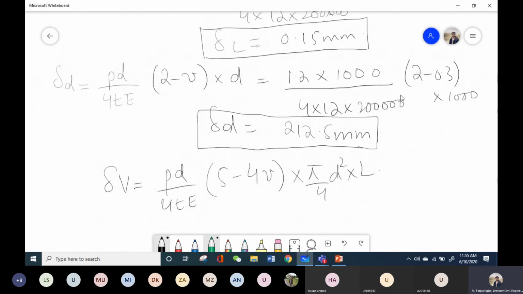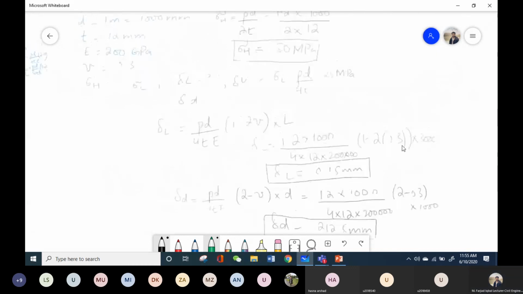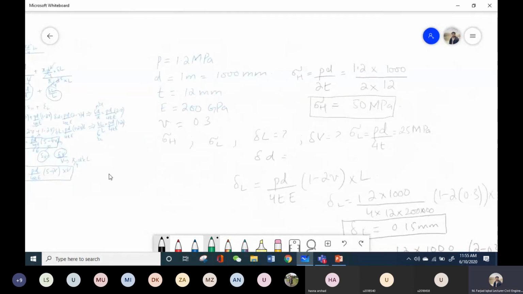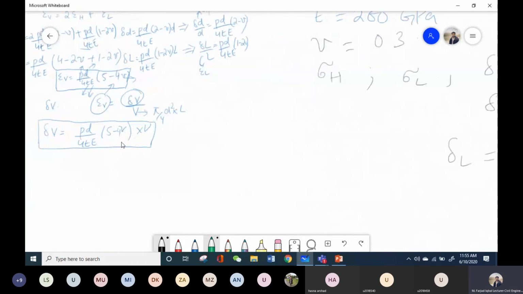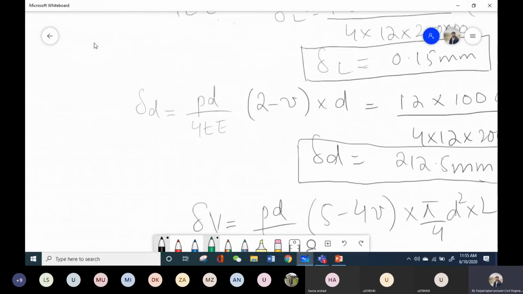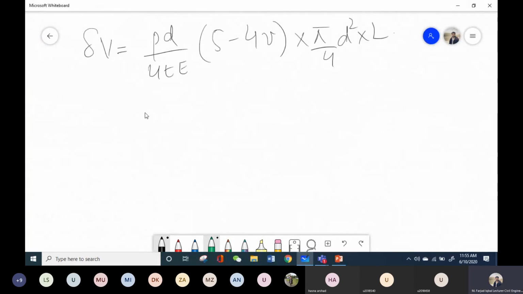So we just derived one relationship over here, and we will use the same relationship to calculate the change in volume. So I've written it over here. Just substitute the values. Pressure is 1.2.